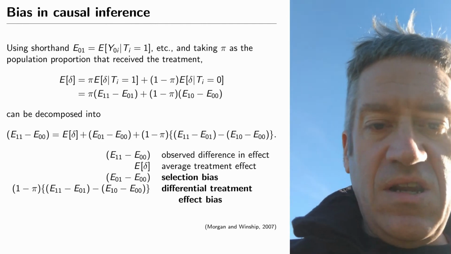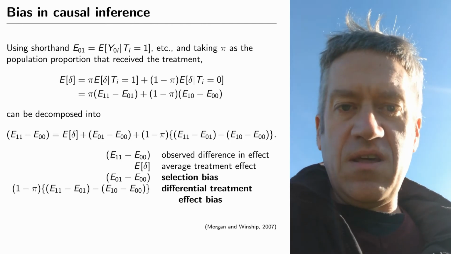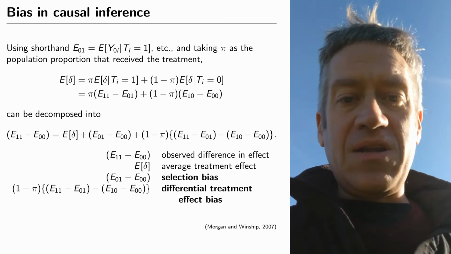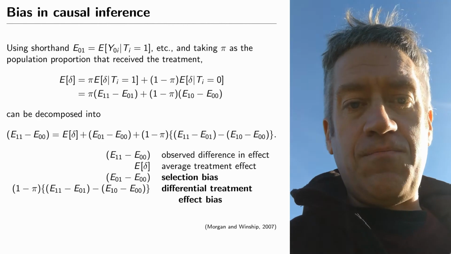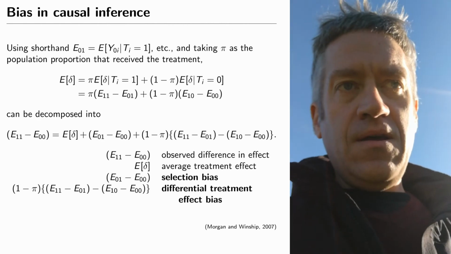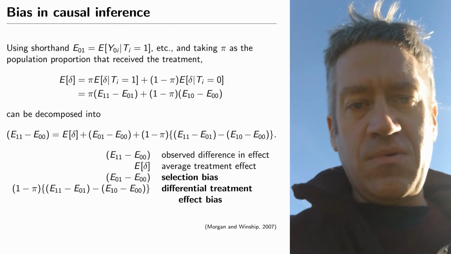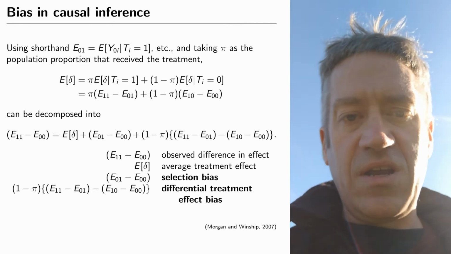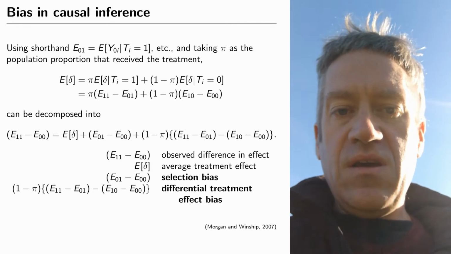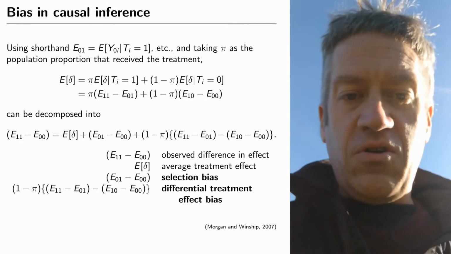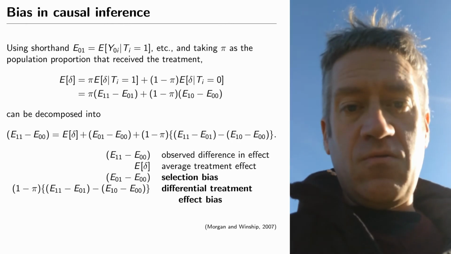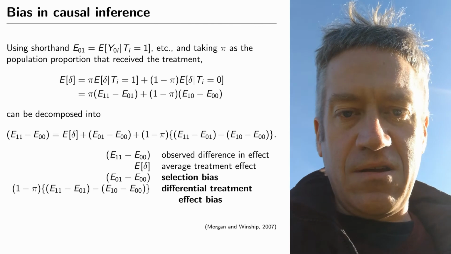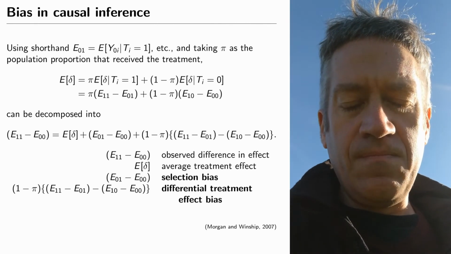And the second one is a differential treatment effect bias, which is that maybe some people are better able to leverage having a college degree. If you are very good at presenting yourself, say you are good at doing job interviews and good at writing your CV and so forth, you are the kind of person who, when you have a college degree, is better able to benefit from this, to communicate this, to negotiate harder and so forth.